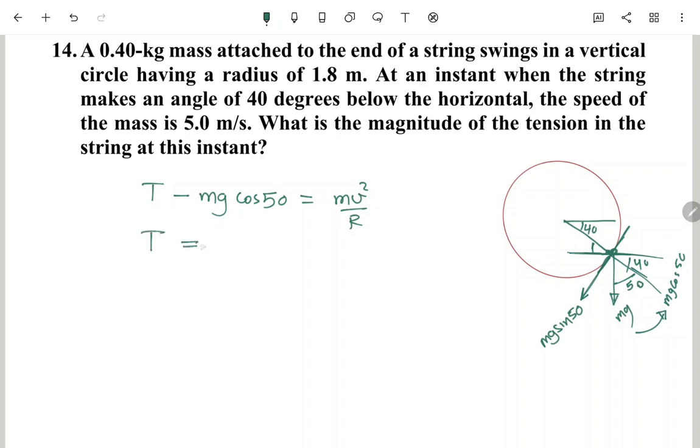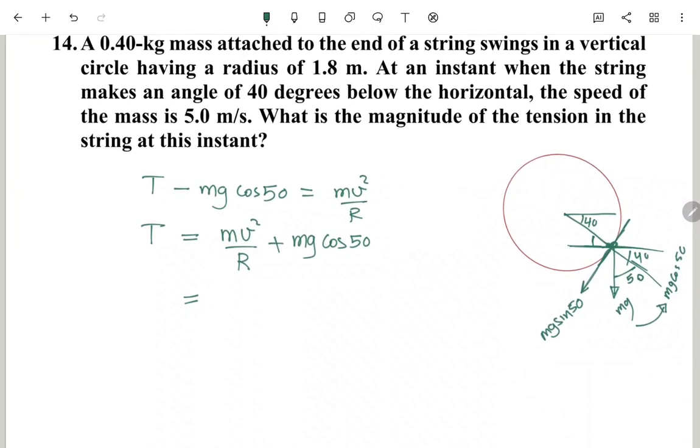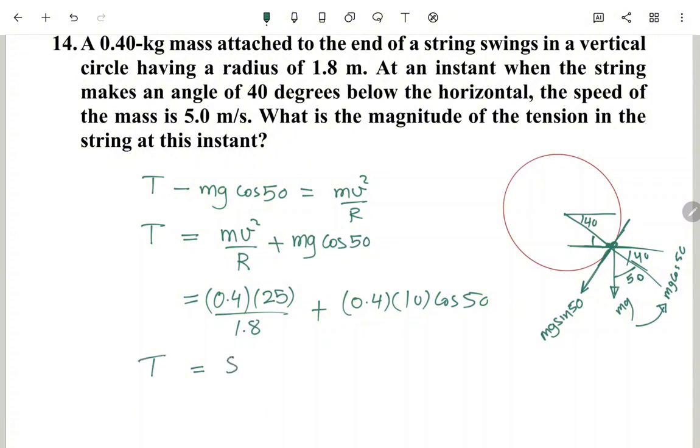So tension equal to mv square over r plus mg cosine 50, or equal to 0.4 times 25 divided by 1.2 plus 0.4 times 10 cosine 50. In other words, the tension equal to 8.1 newtons.